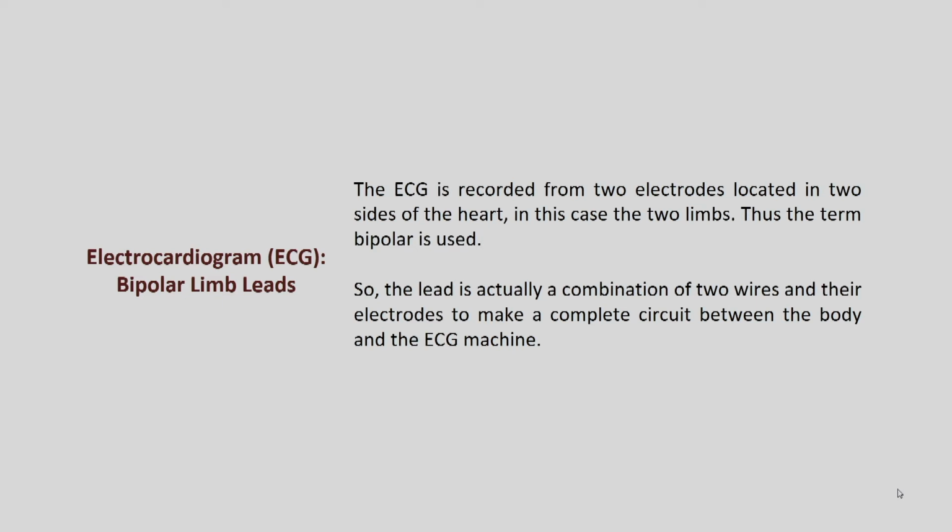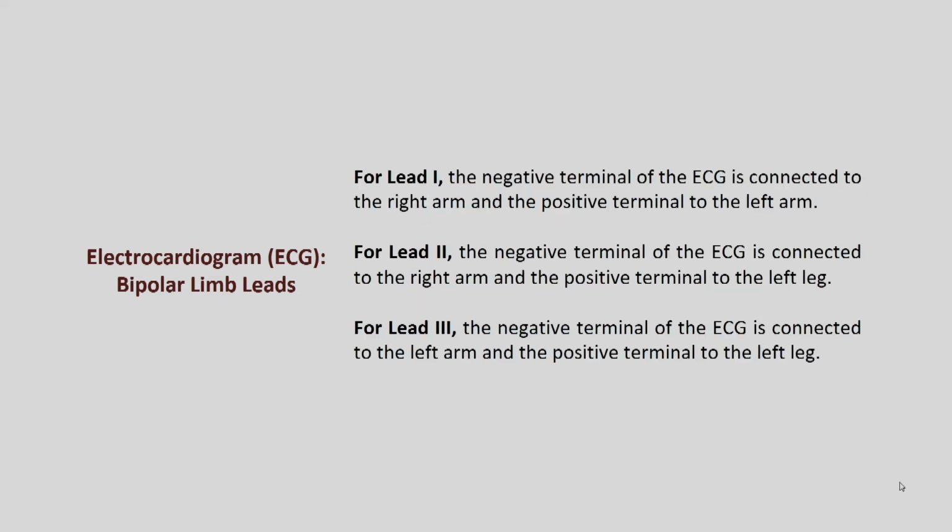Because it involves two limbs, we call it bipolar limb leads. There are three types of leads: lead 1, lead 2 and lead 3. What does lead 1 say? The negative terminal of the ECG is connected to the right arm and the positive terminal to the left arm.